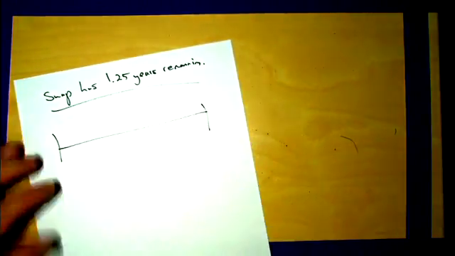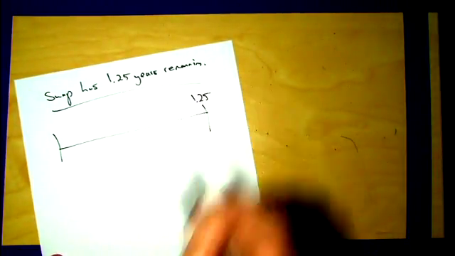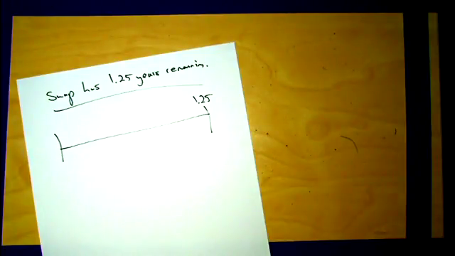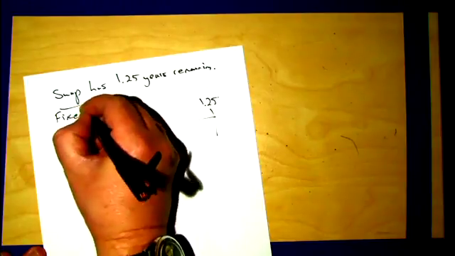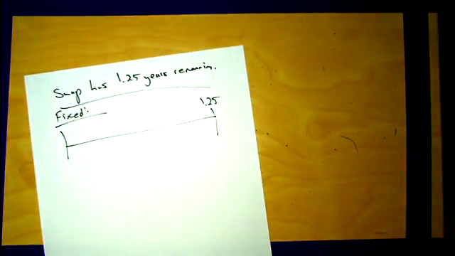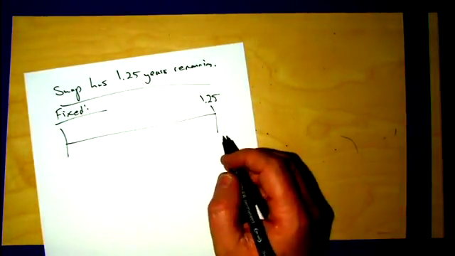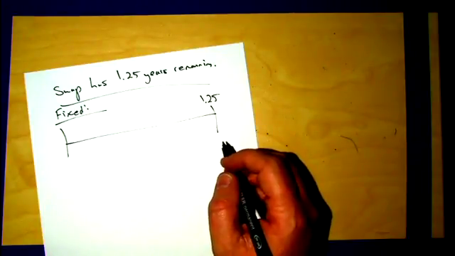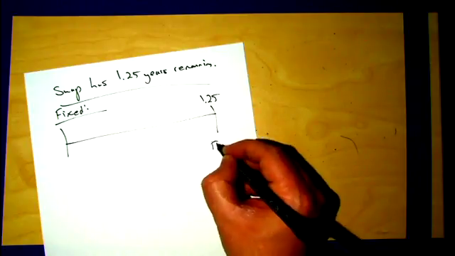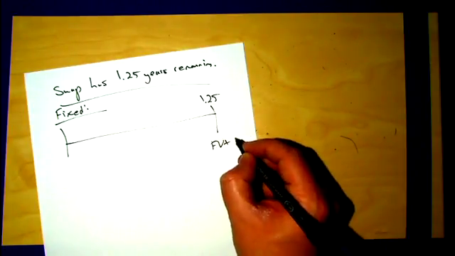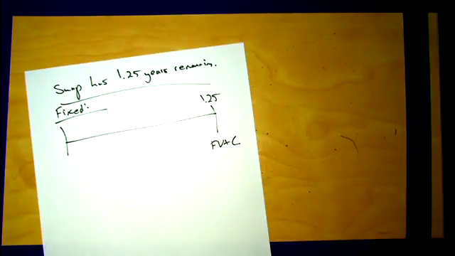So if we draw a timeline, 1.25 years. Okay, so we're going to draw the fixed rate bond first of all. What do we know we receive at the end of the life of a bond? We receive the face value and we also receive the final coupon. How often are coupons paid?